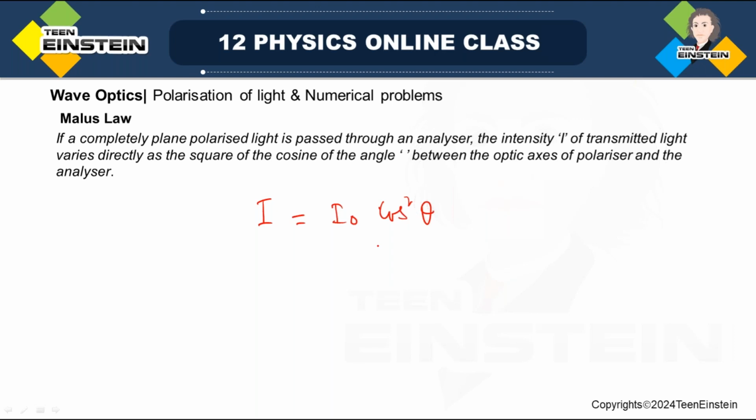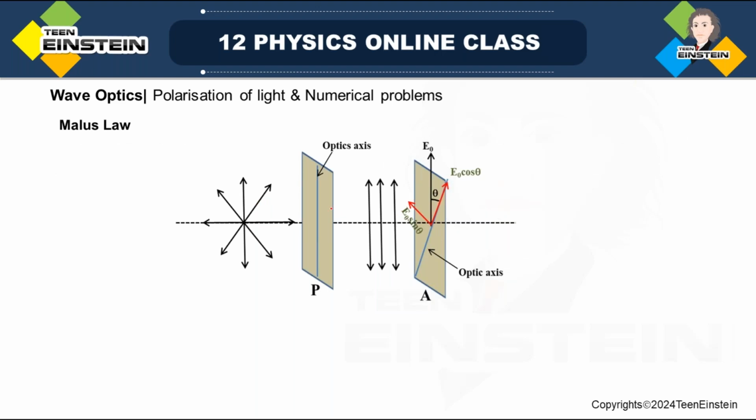Now we have to prove this. Suppose this is the unpolarized light with intensity I. You can understand that the intensity after the polarizer will be less than that of the unpolarized light.